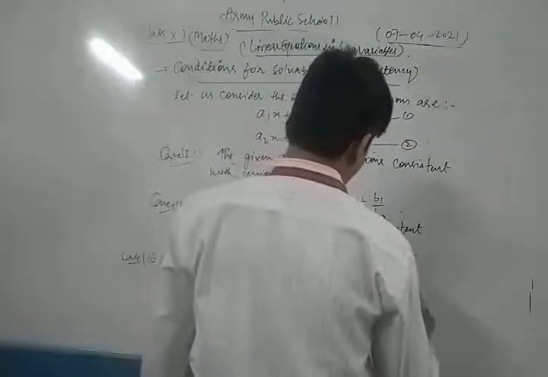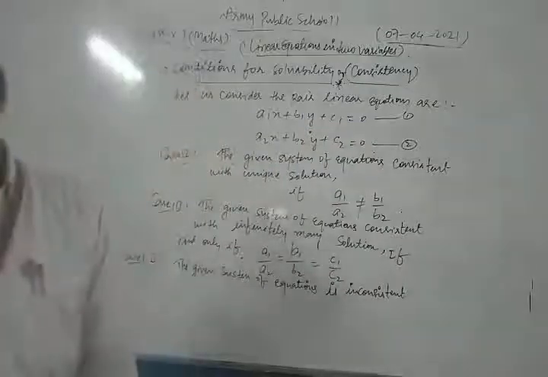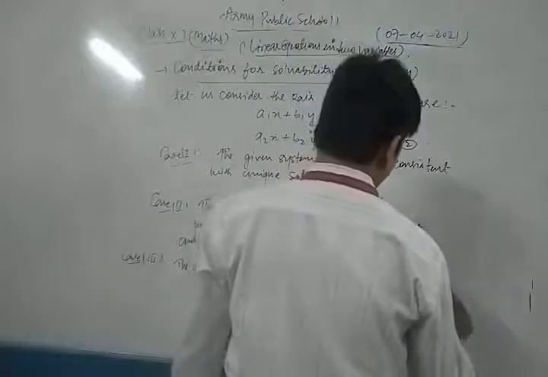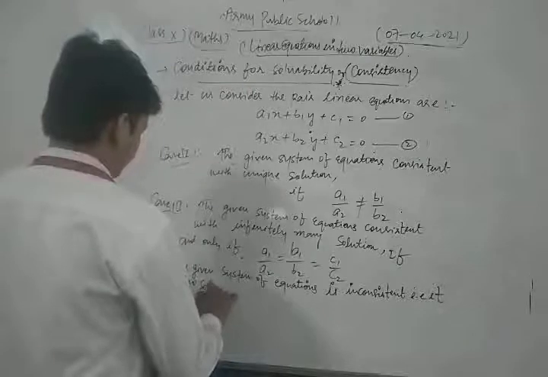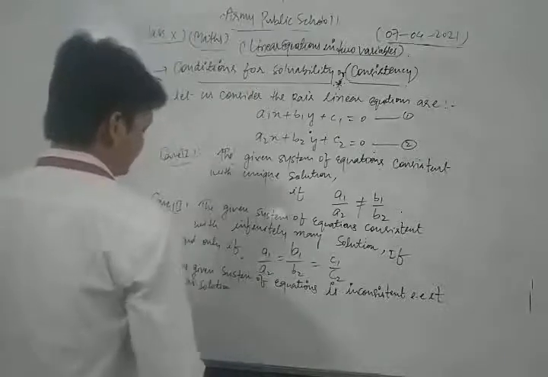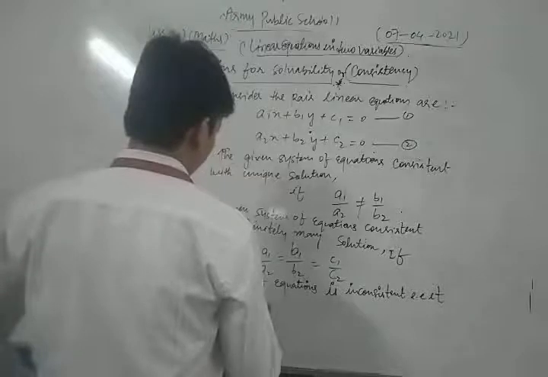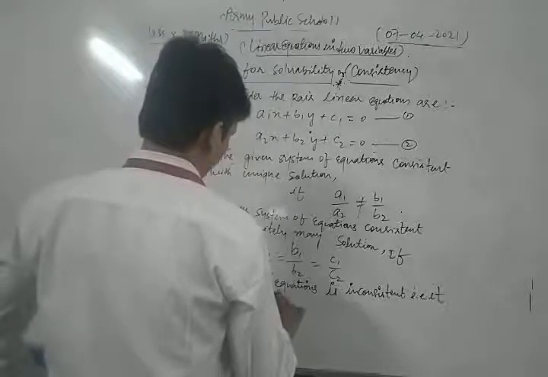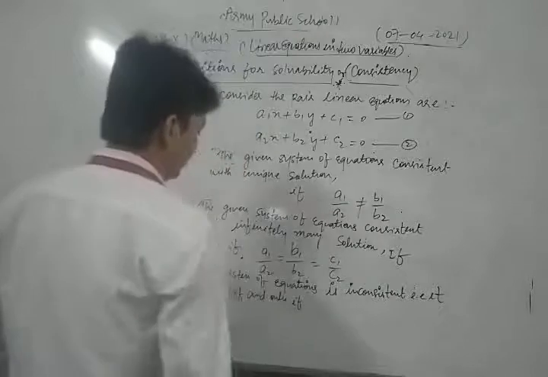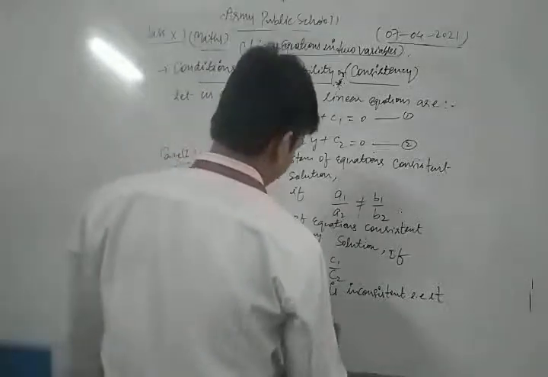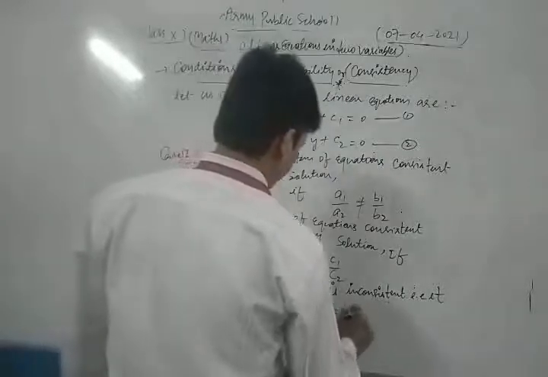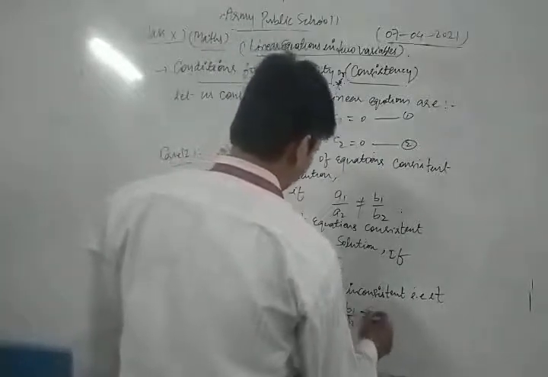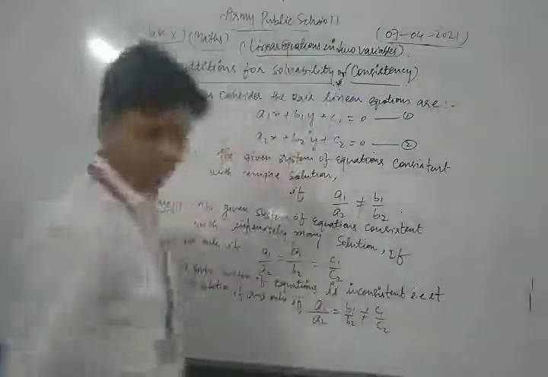That is, it has no solution if and only if a1 upon a2 is equal to b1 upon b2 and not equal to c1 upon c2.